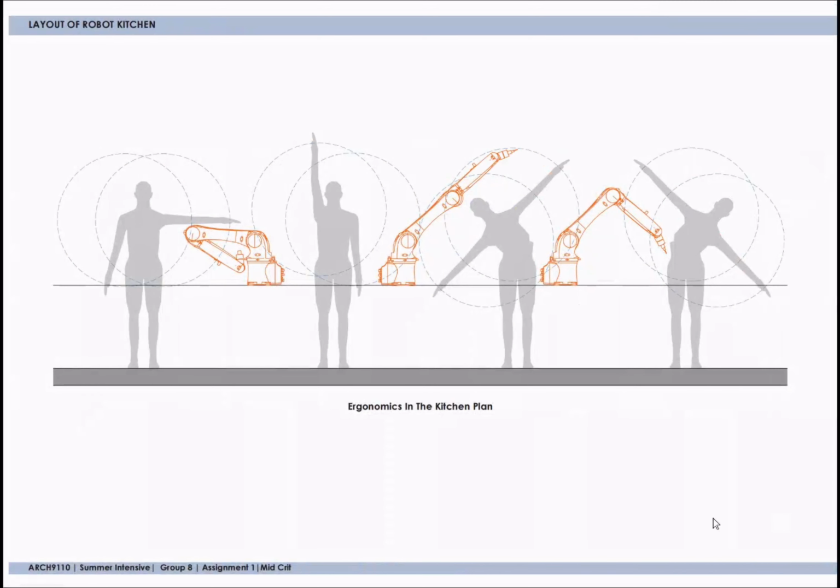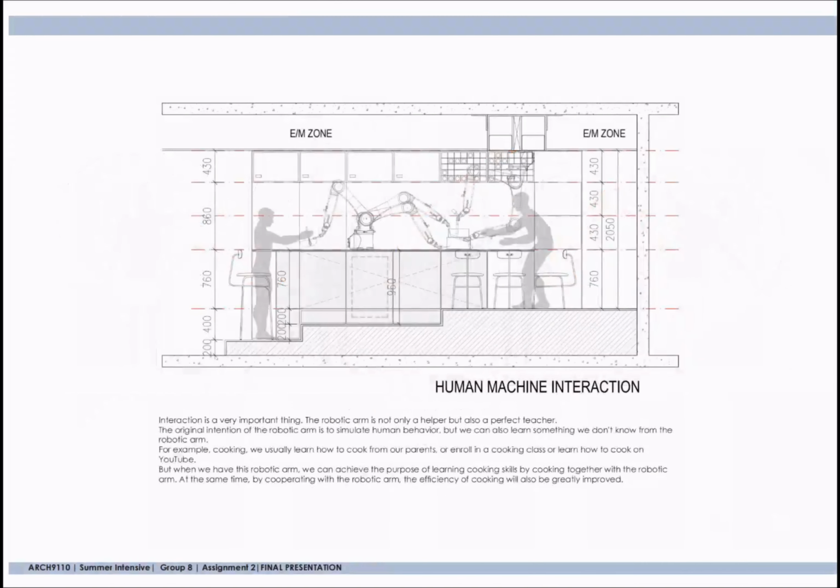Okay, this part is about some technical drawings that help us understand more about our concept. Interaction is a very important thing. The robot arm is not only a help, but also a perfect teacher. The original intention of the robot arm is to simulate human behavior, but we can also learn something from the robot arm.